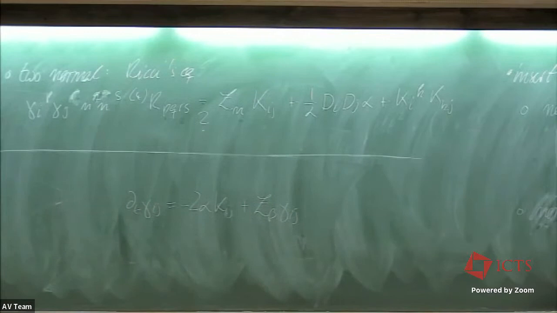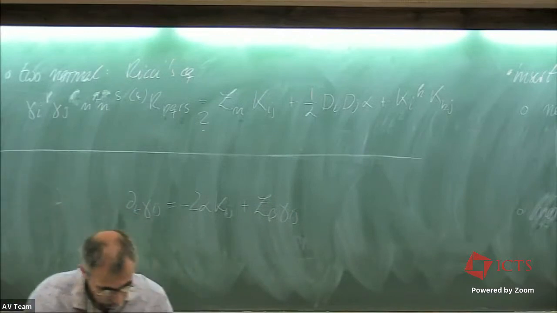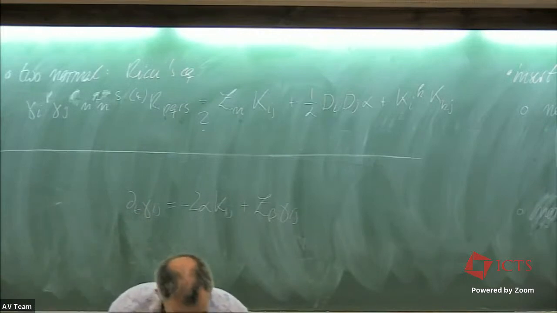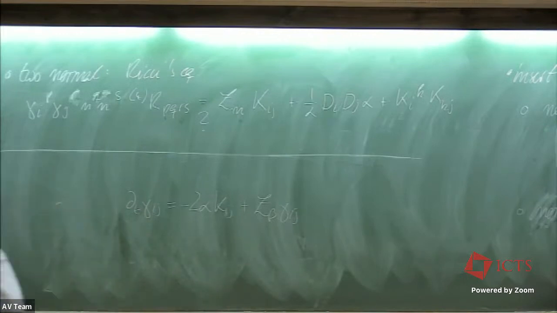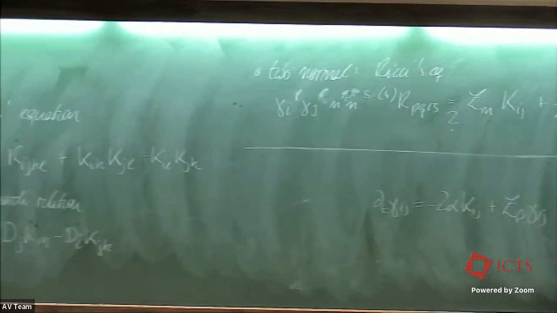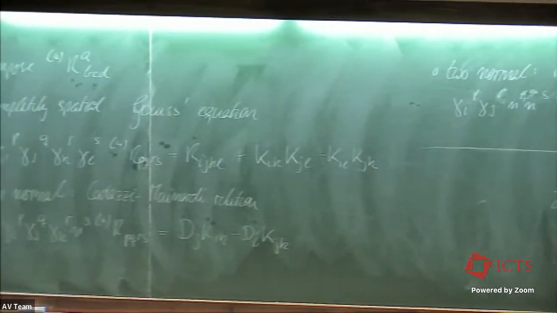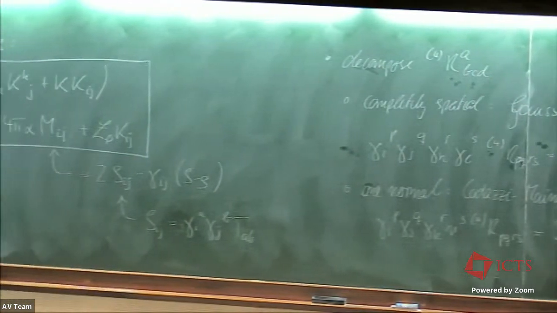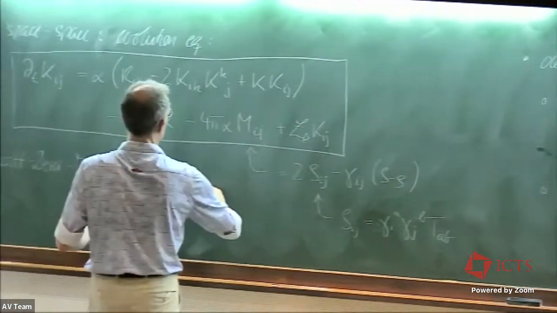Okay, so now we see that together these equations are called the ADM equations, after Arnowitt, Deser, and Misner. Okay, so the Arnowitt, Deser, Misner, or ADM for short, equations.